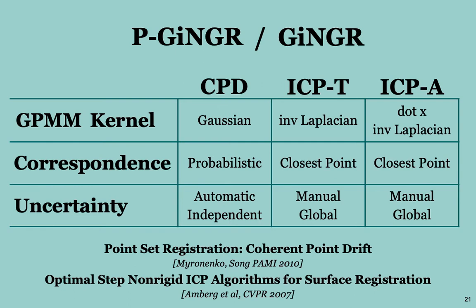So besides directly comparing algorithms based on these three properties, we can now also create new novel methods based on mixtures of properties here. This could, for instance, be a CPD method that uses a Laplacian-based kernel.